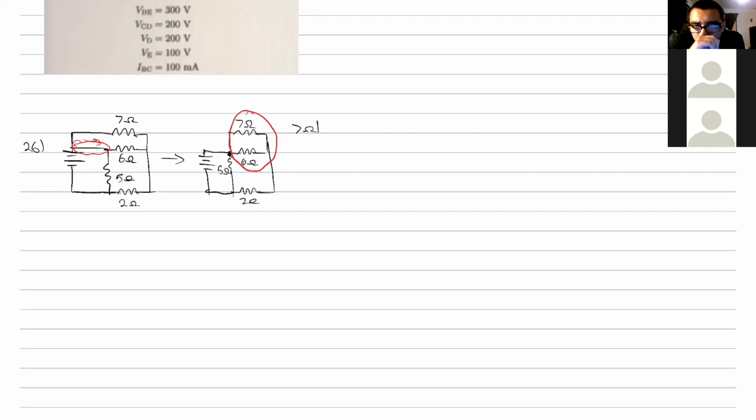So this is going to be 7 ohms in parallel with 6. So this should be about 3.23 ohms for that parallel combination.